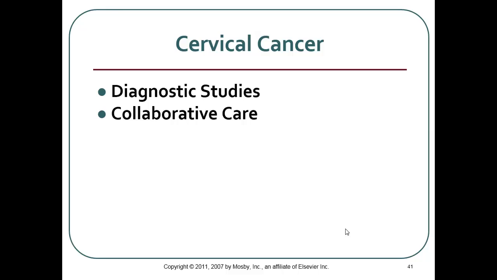Once the stages progress, like if it goes beyond stage 0 to stage 1, they'll do like radiation therapy or hysterectomy, and then stage 2 they'll add chemotherapy. And you know, usually by the time they get to stage 3 and stage 4, it's not so good.